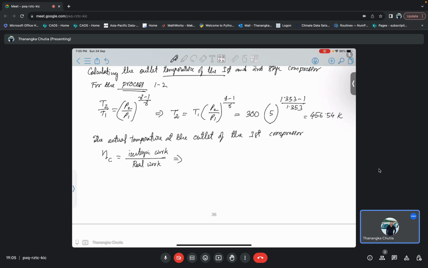So eta compression will be nothing but T2 minus T1 divided by T2 prime minus T1. Compression isentropic efficiency is given to you, so it is 456.54 minus 300 divided by T2 prime minus 300. So T2 prime minus 300 is equal to what?